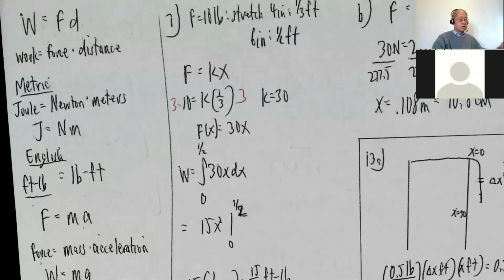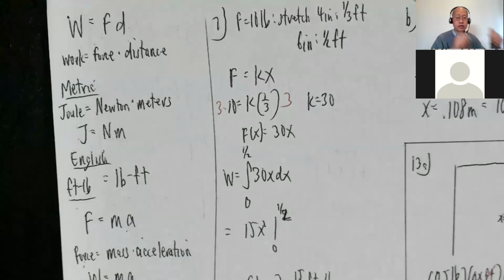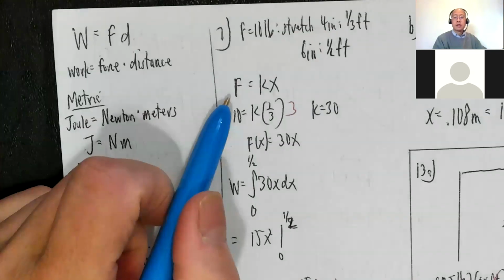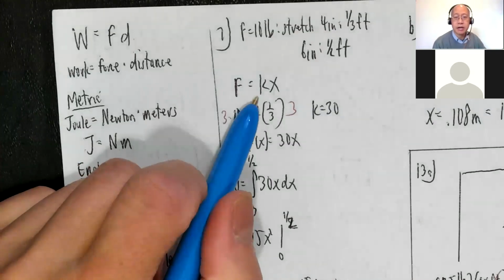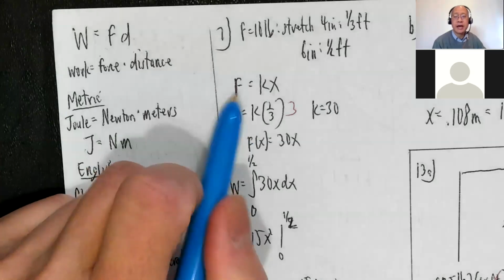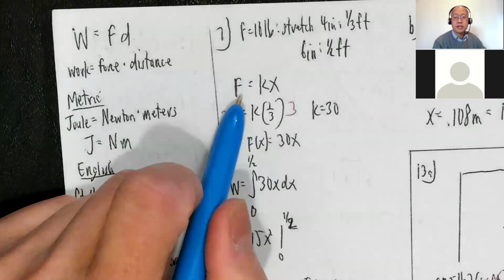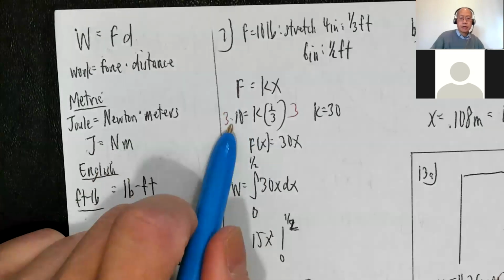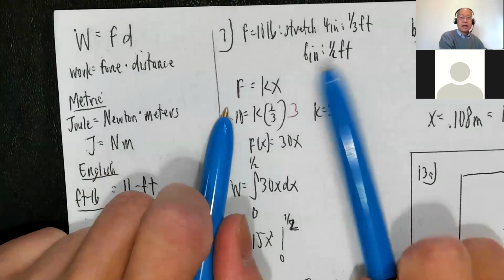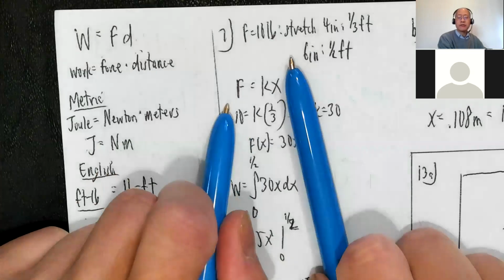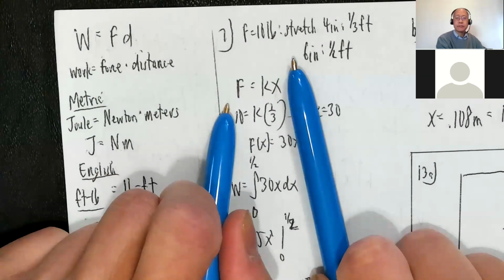So here's what you do. First, I have to figure out the force. I have to figure out the K, sorry. So force is Kx. Force is 10, that goes here. X is the distance away from home in feet.